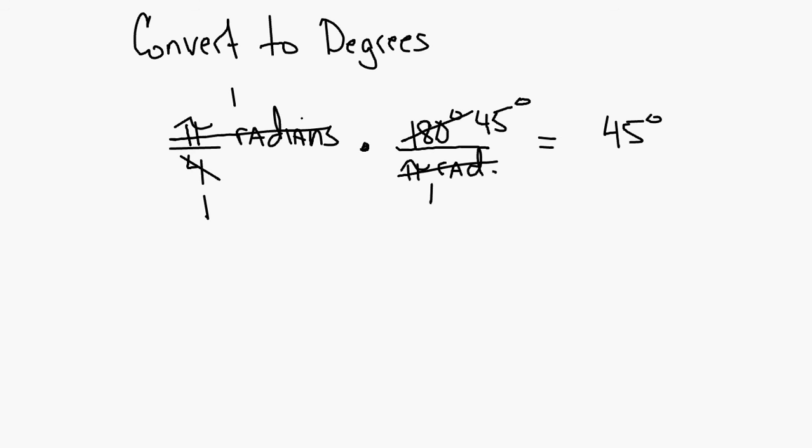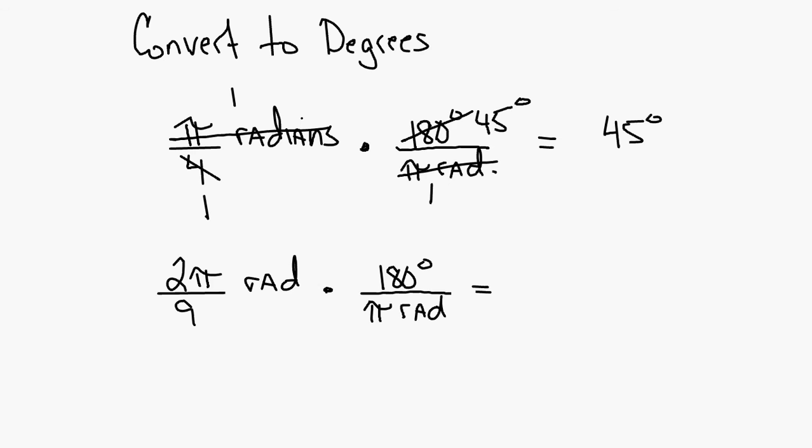All the numbers were divisible. Next, 2 pi over 9 radians to degrees. So 180 degrees goes on the top, and pi radians goes on the bottom. You see the pi radians right here on the top left?